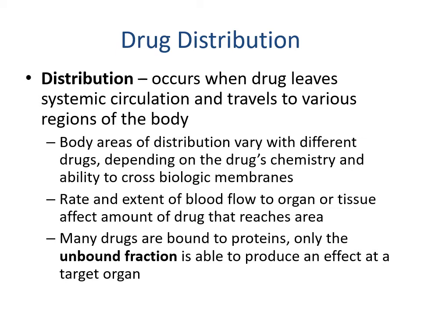They can also depend on the rate and extent of blood flow to the organ or tissue, and so this will affect the amount of drug that reaches the area. And many drugs are bound to proteins, where only the unbound fraction is able to produce an effect at the target organ. And again, as we will discuss in some future examples, this will determine dosage. Does dosage need to be changed during malnutrition, etc.